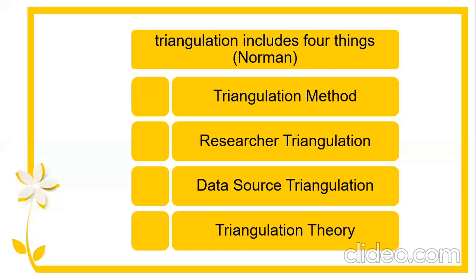And the second is researcher triangulation. Researcher triangulation, we can call it investigator or multiple researcher triangulation. This method can be done by one or more researchers, investigators, or participants.